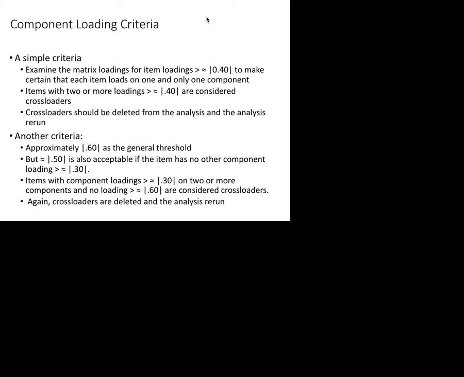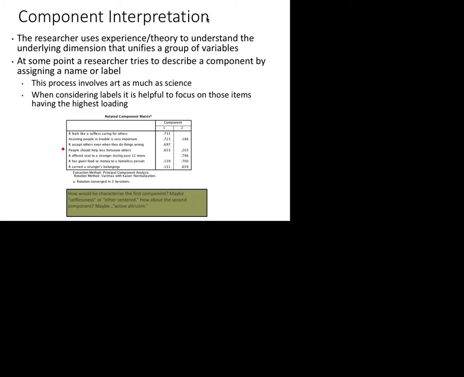So is it like how correlated those variables are with each other and not with other items? Yeah, I think that's close. What it is, it's the correlation of that question with the component. In this case, the relationship between that first question listed there and that component is 0.733.